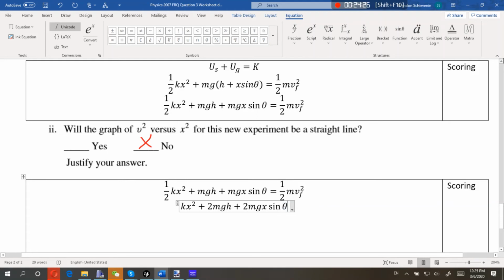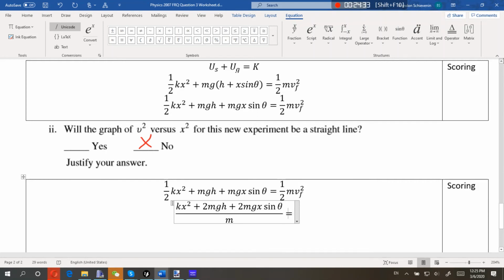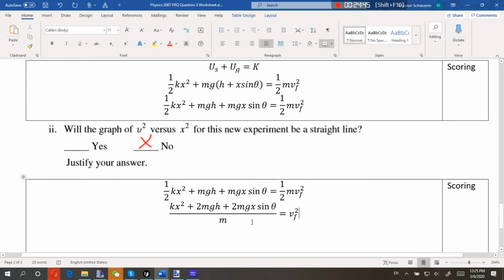And divide by m to get v squared. I'm going to leave this as v squared just because our v squared is supposed to be our y value. So if I graph v squared versus x squared, we can see that this wouldn't be a straight line because we still have another x in the function, right? Yep. So it can't just be a straight line when I divide those.